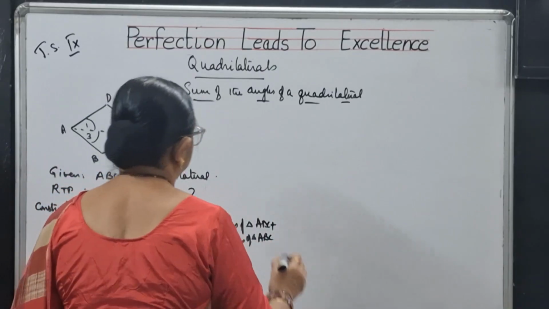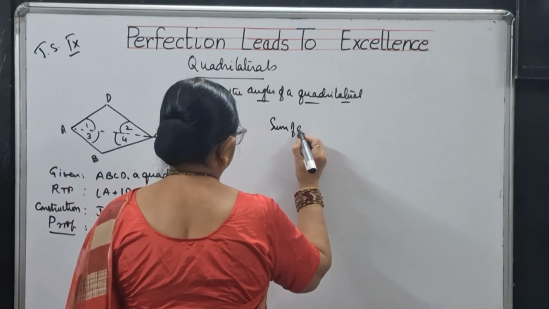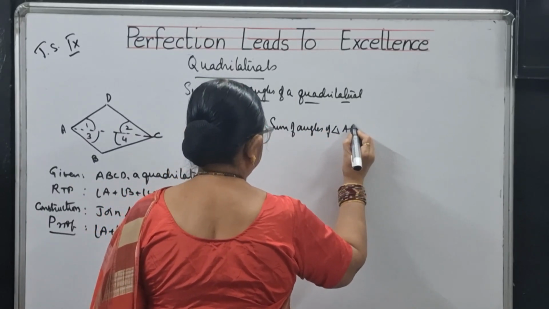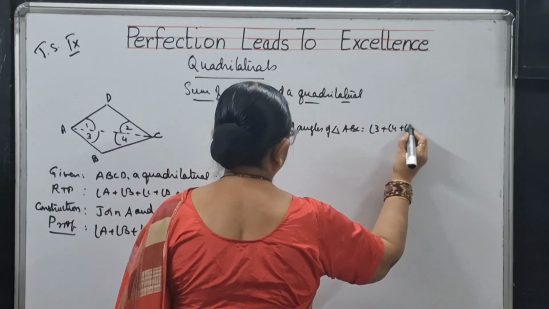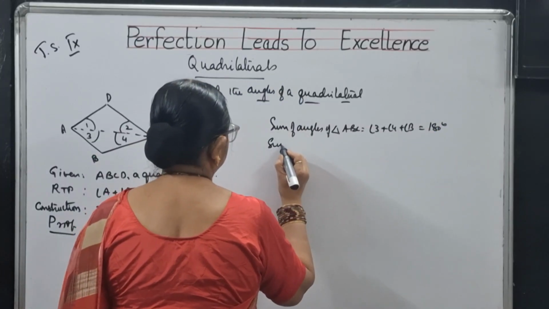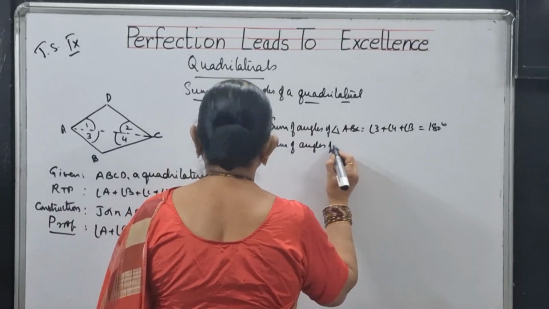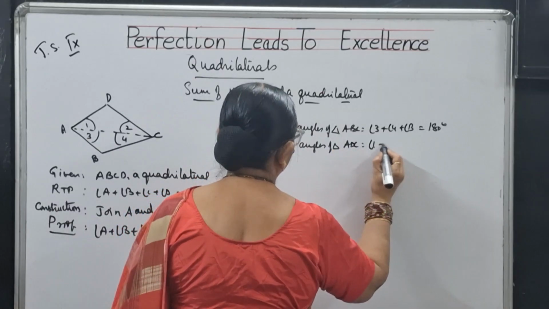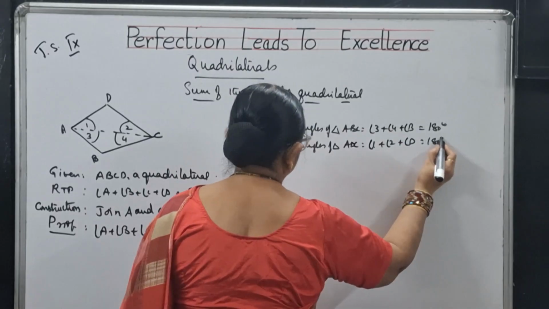The sum of angles of triangle ABC is equal to angle 3 plus angle 4 plus angle B, that is 180 degrees, and the sum of angles of triangle ADC is equal to angle 1 plus angle 2 plus angle D, that is 180 degrees.